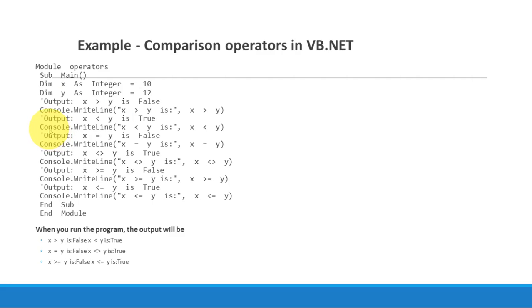Next is x less than y. Yes, it is true, 10 is less than y. So the output will be true. Then Console.WriteLine x is equal to y. No, 10 is not equal to y, so the condition should be false.